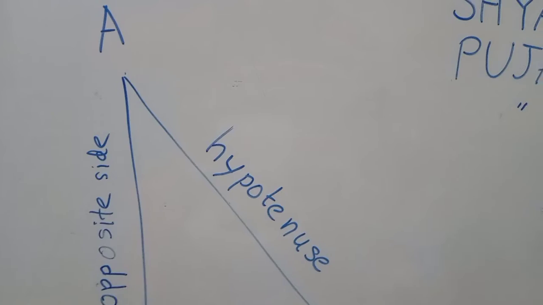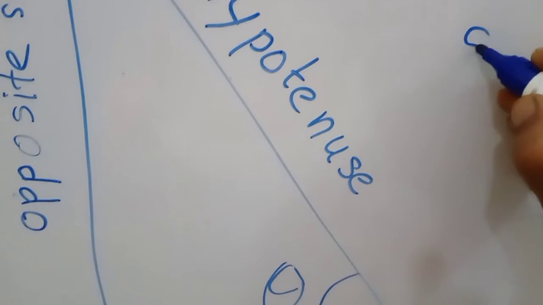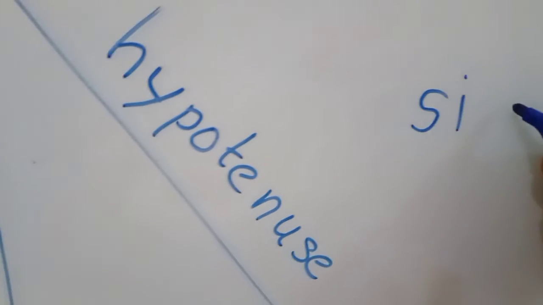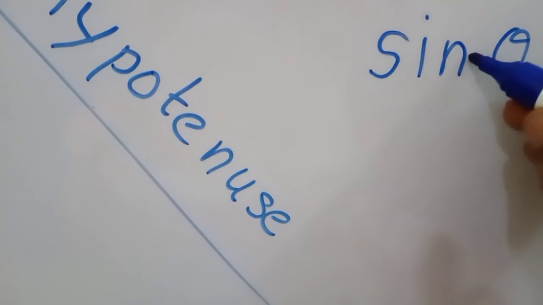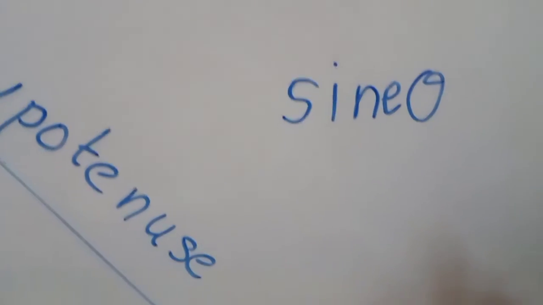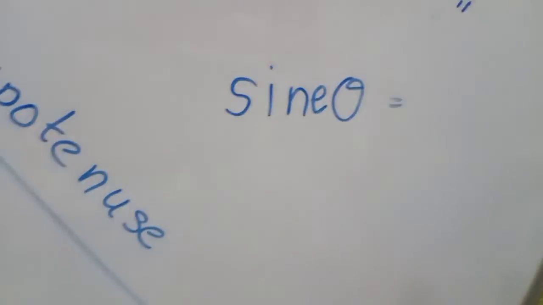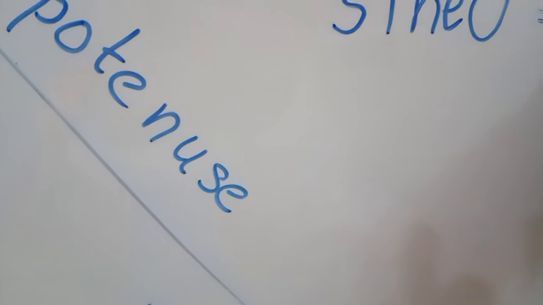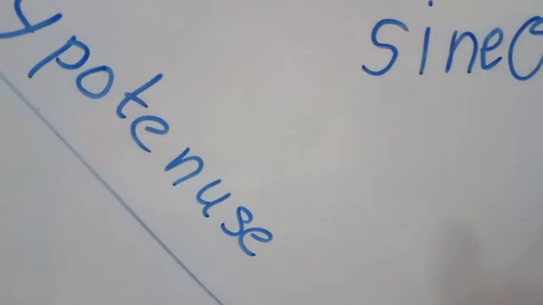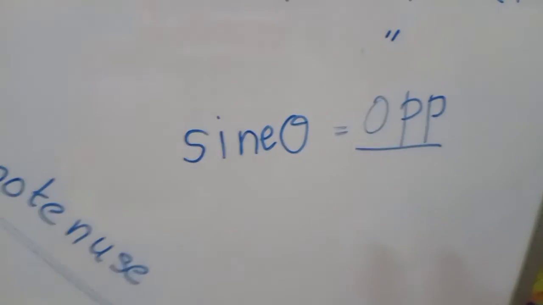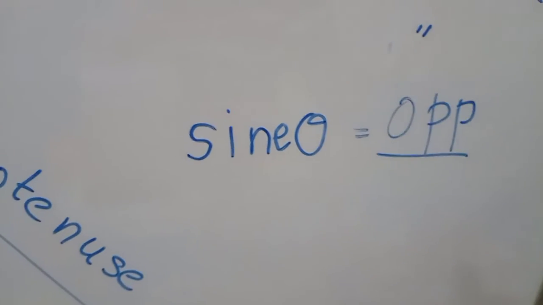So let us start here. I am going to first define sine theta. Sine theta is equal to opposite side. I'll write only the first three letters to signify the opposite side, divided by hypotenuse.